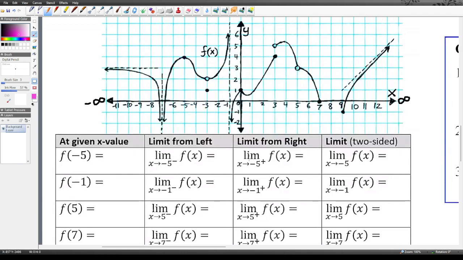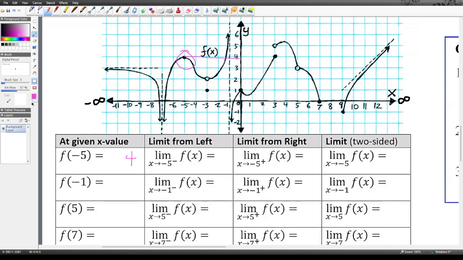Pause the video and try it on your own. Okay. The function f of x when x is equal to -5, we're gonna evaluate it. So -5 will be here. I circled it, so it will equal 4.